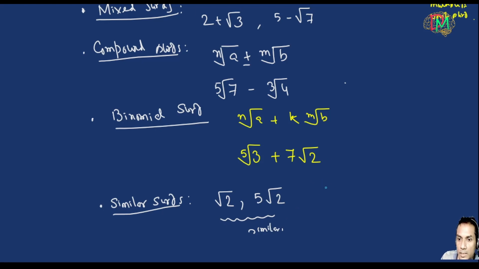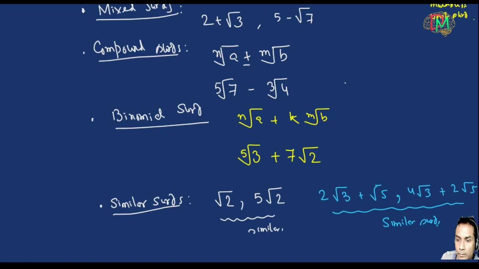Similarly, if I consider 2 root 3 plus root 5, and another is 4 root 3 plus 2 root 5, because here the second is a multiple of 2, so both are similar Surds. Clear? What is the significance of similar Surds? We can add or subtract between similar Surds.